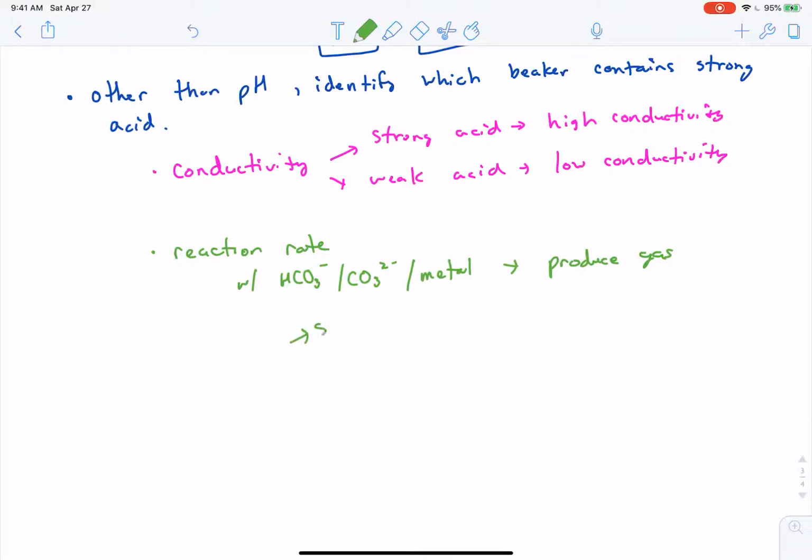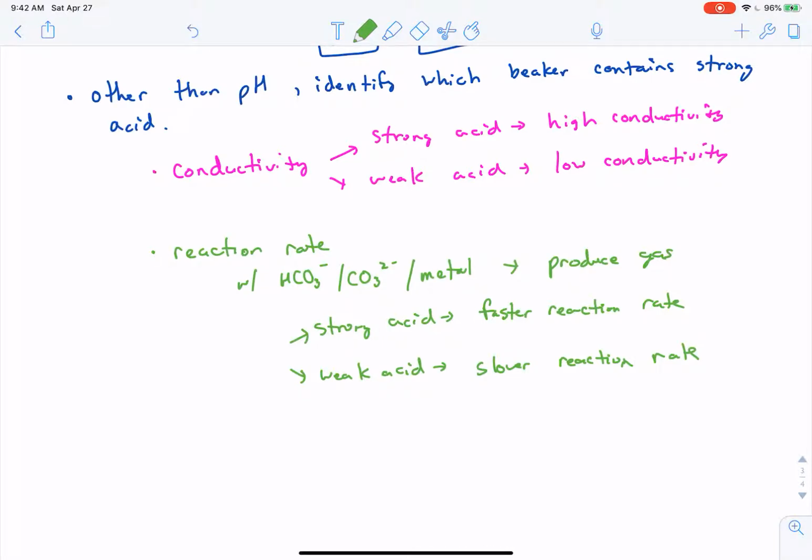And so for a strong acid, it would have a faster reaction rate. And for a weak acid, it would have a slower reaction rate.